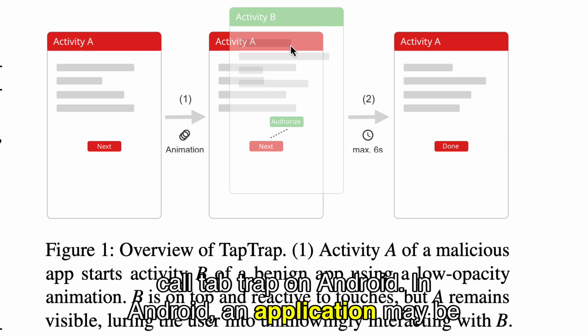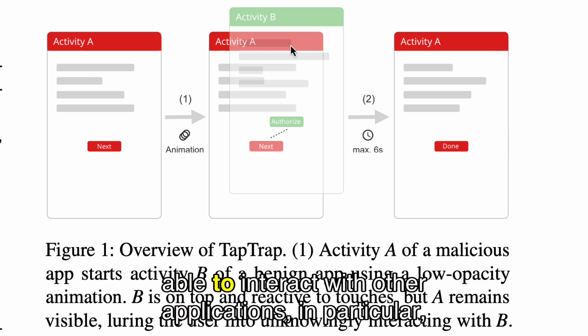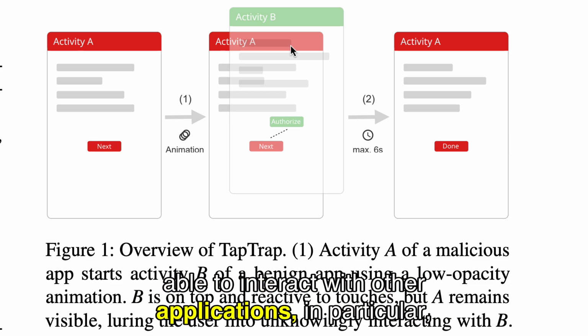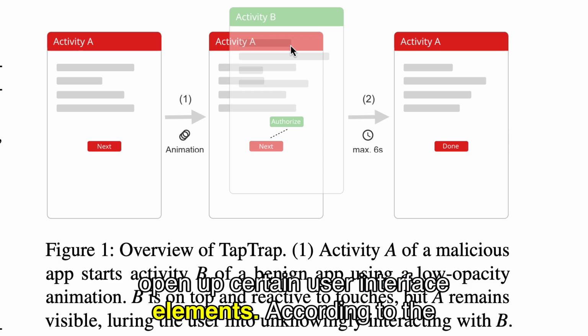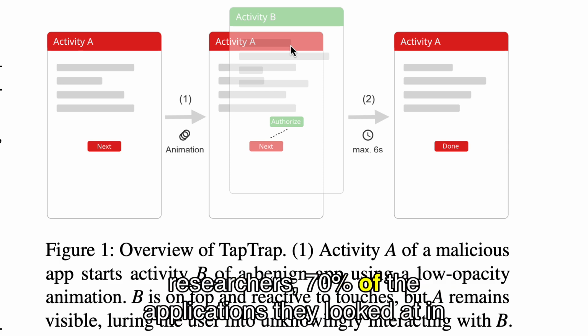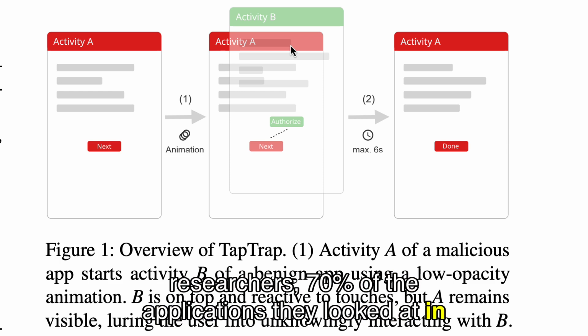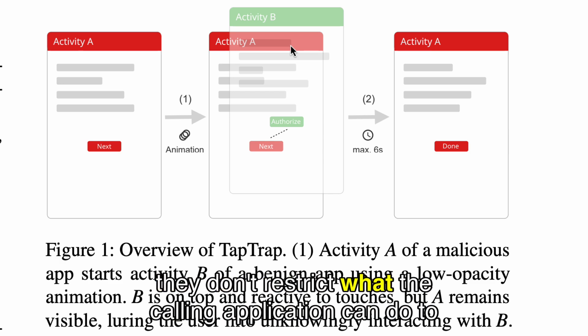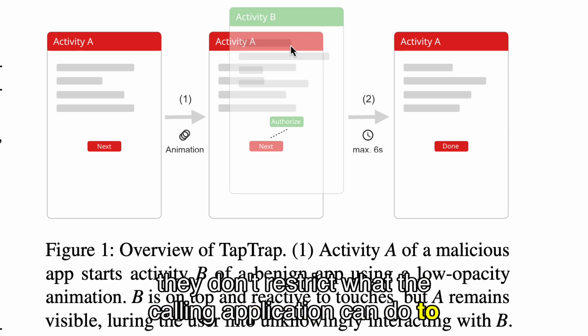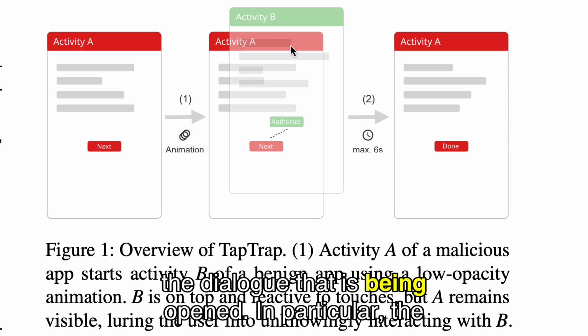In Android, an application may be able to interact with other applications, in particular, open up certain user interface elements. According to the researchers, 70% of the applications they looked at in the Google Play Store are vulnerable to this in that they don't restrict what the calling application can do to the dialog that is being opened.